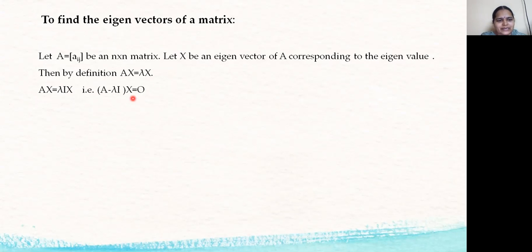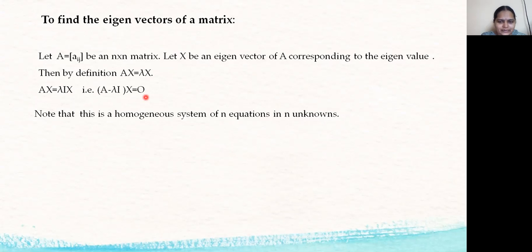This A minus lambda I into x equal to 0 is a homogeneous system of n equations in n unknowns. Why n equations and n unknowns? Because A is an n by n matrix. And we have seen in the definition that x is a non-zero vector.